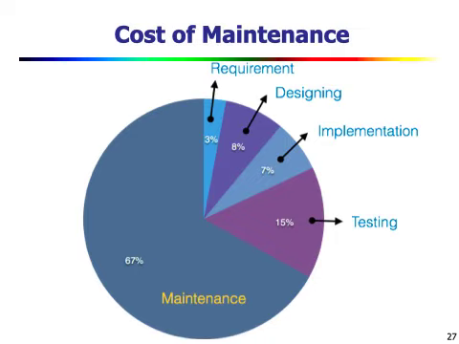That is more than 50% of all other phases. Requirement phase, designing, implementation, and testing are only the rest of the cost. About 67% is used for maintenance, and only the rest is used for all the other phases.